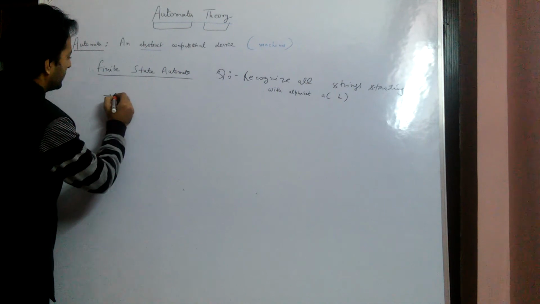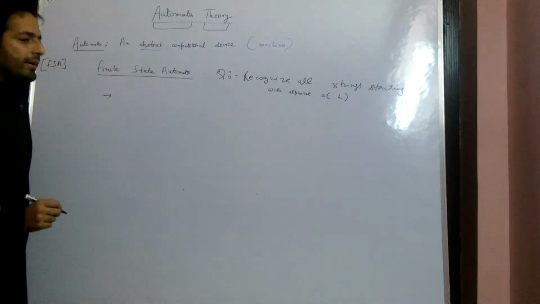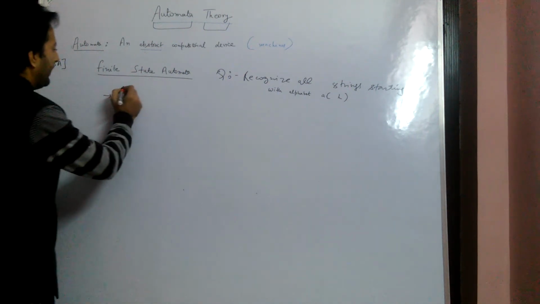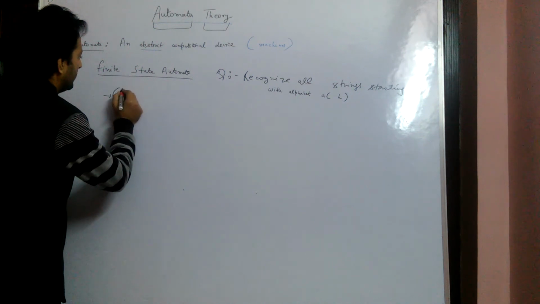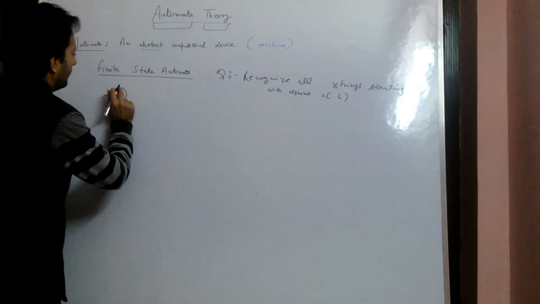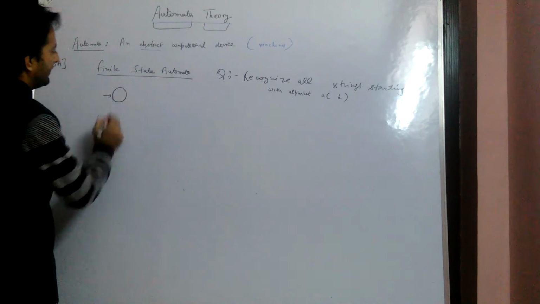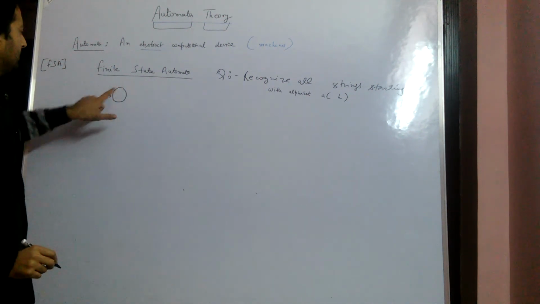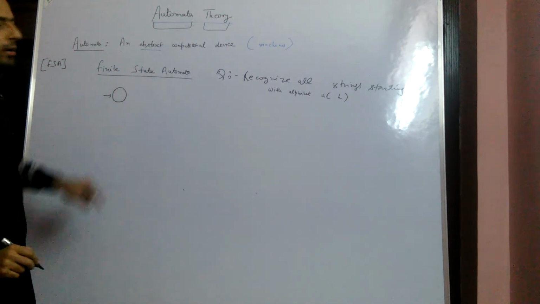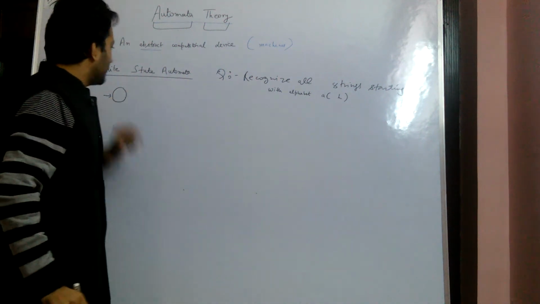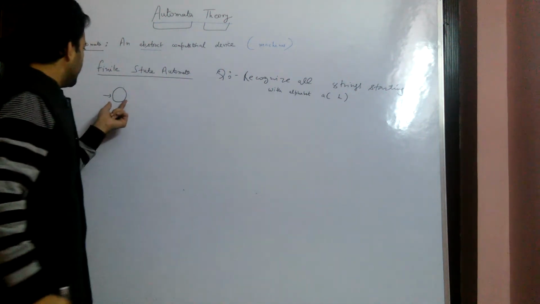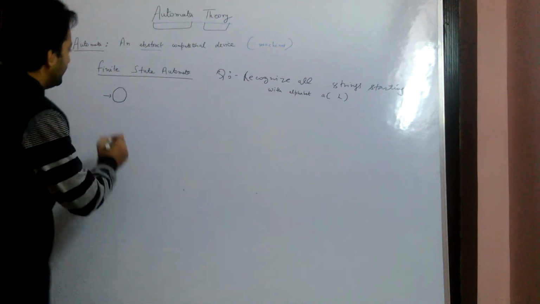There are three main types of states. The first is the start state. The start state is represented by an arrow along with a circle.